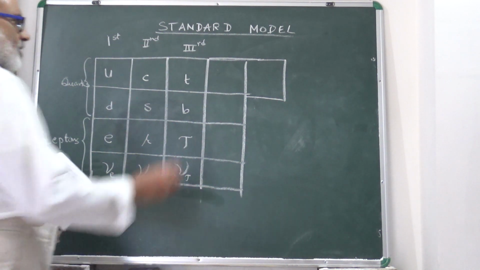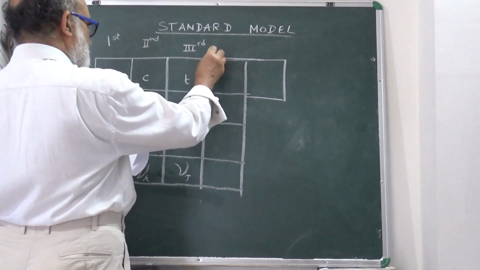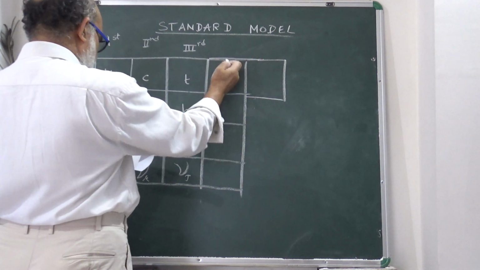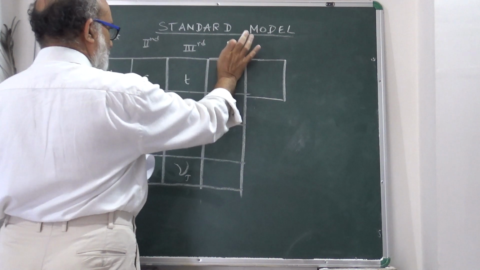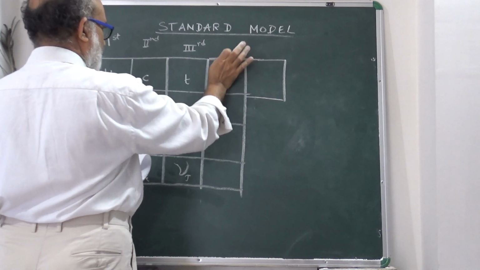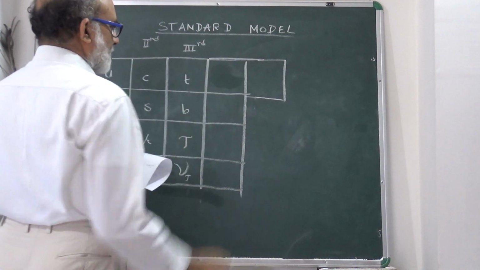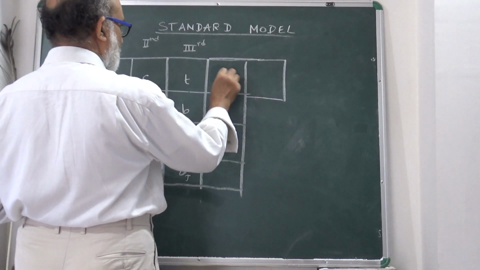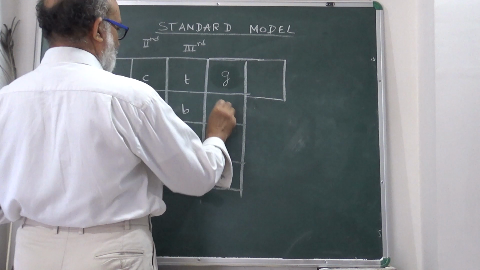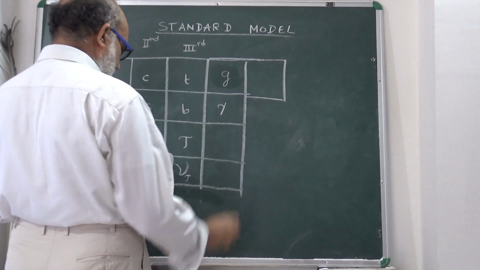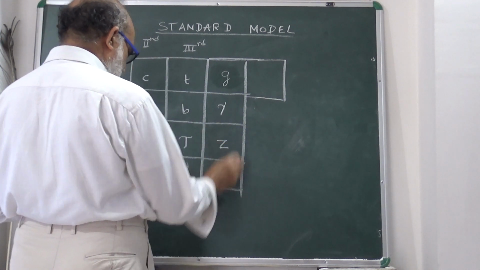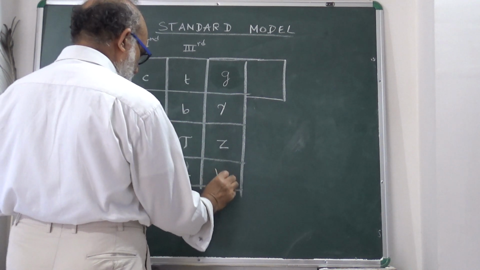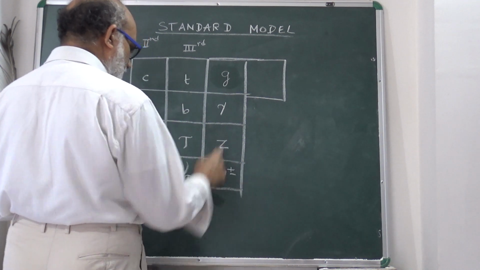And now we have second, these are called mediator particles, which take part in the interaction. These are called gluons, photons, Z and W plus minus for weak nuclear forces.